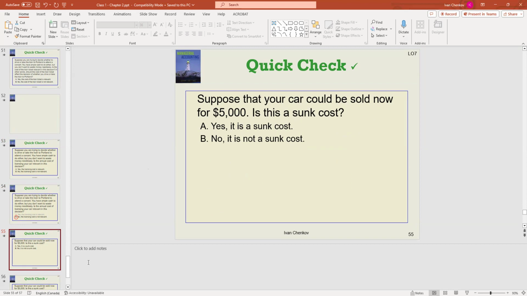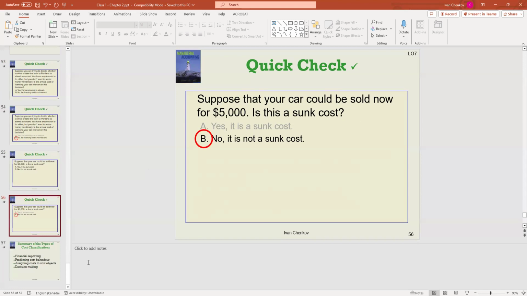Cost is something that you have to spend. Think about it. Is it opportunity cost? Is it cost at all? The car to be sold, so what is it? It's a revenue, right? It has nothing to do with the cost in this case. So definitely it's not a sunk cost. But furthermore, it's not cost at all. This is something that's going to come into your pocket. It's not going out of your pocket. It's not cost at all.